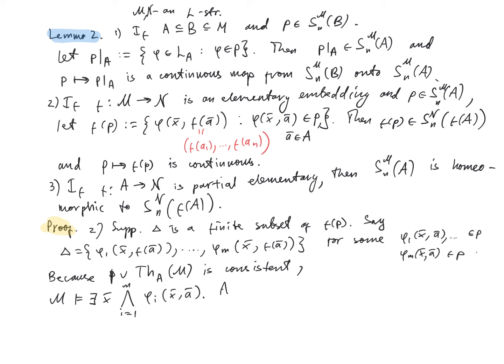But also, as f is elementary, it preserves the truth value of the formulas. So we have that also N satisfies the same formula, there exists x bar, conjunction over all i from 1 to m of phi_i(x bar, f(a bar)), and delta was an arbitrary finite subset of f(p). So any finite subset of f(p) is realized by some element in N.